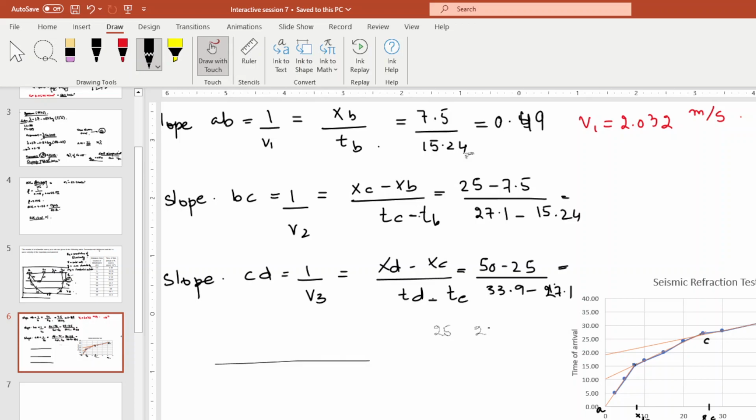Now, can you visualize, can you see three distinct slopes? Are there three slopes or two slopes? Are there two slopes or three slopes, Vanita? You can see three slopes. So, can you calculate the value of these three slopes? How can you do that?